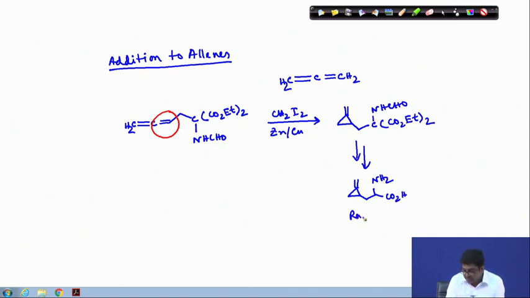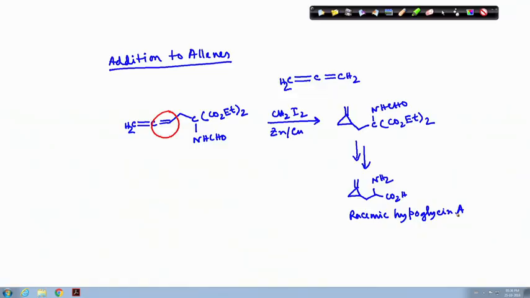So, this is the corresponding racemic hypoglycine A. Okay. So, using this technique or using this Simmons-Smith reaction, these allenes can be converted into another cyclopropane derivative, which further leads to the natural product, that is racemic hypoglycine A. Thank you.